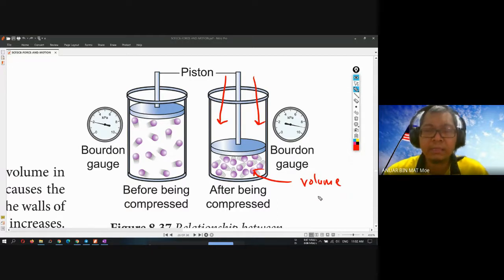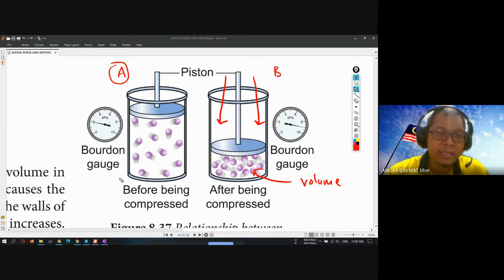So at the same time, the pressure also increases. And at diagram A, we can see the air pressure inside and outside is equal.